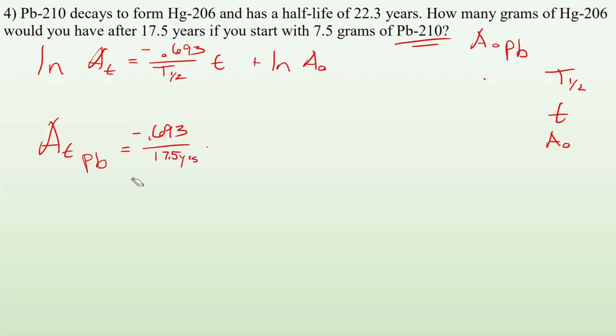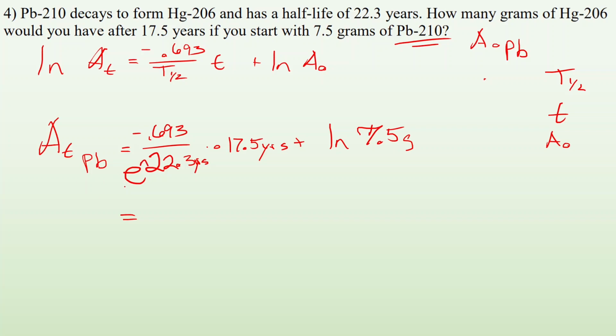Oh, I'm sorry, I lied. The half-life is the 22.3 years. I'm sorry, 22.3 years times the 17.5 years plus the natural log of the starting amount, A0, which is 7.5 grams of Pb. So now when I plug and chug, oh, I'm sorry, e to the, I forgot. There you go.